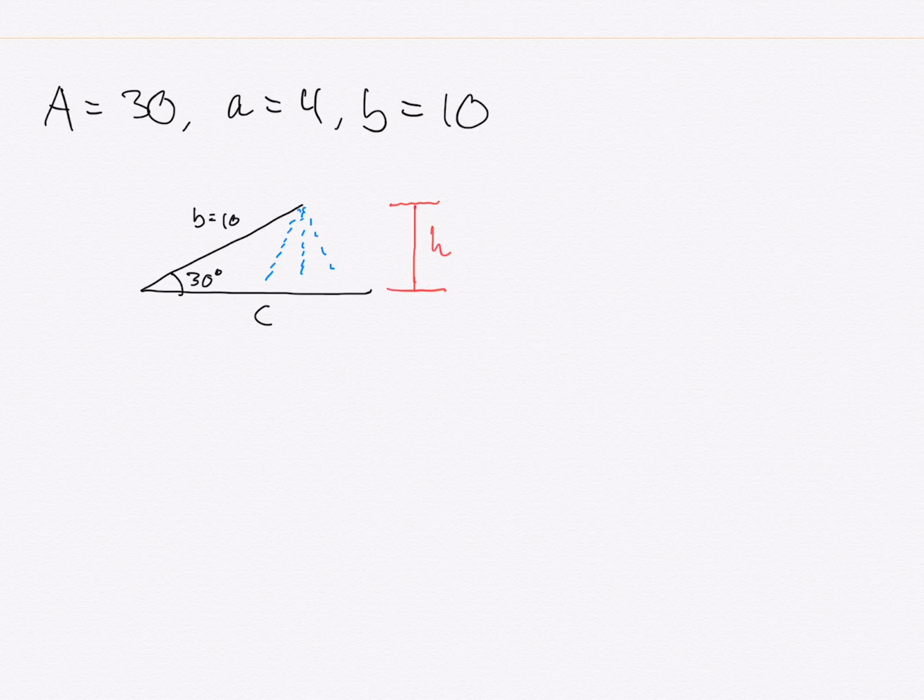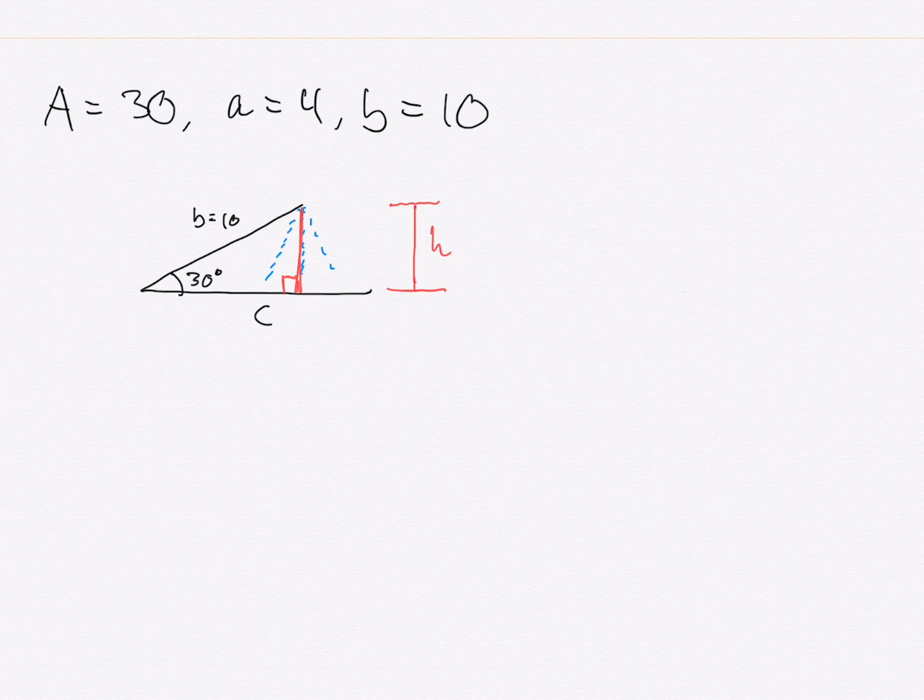The analogy I like to use is that this horizontal leg is the ground and that this angled side is a ramp. And so h is describing the distance from the end of the ramp down to the ground. To determine h, I'm going to take that distance h, which is vertical, put it right in here, and create myself a right triangle.